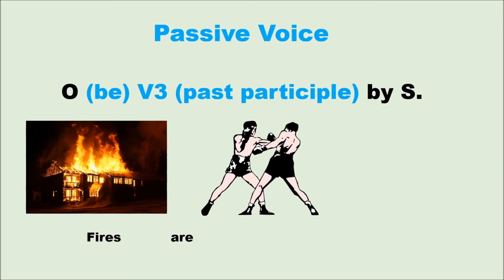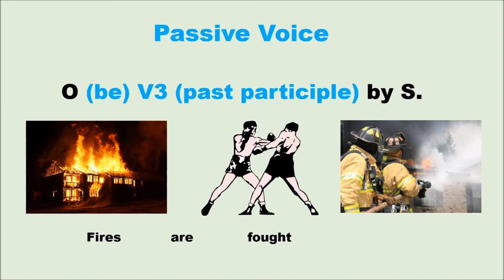What is the verb 3 form of fight? Fought. Fought is correct. And finally, we add the subject. What was the subject of the last sentence? Firefighters. Perfect. Because this is a passive voice sentence and we're including the subject after the verb, we need by. So the full passive voice sentence is... Fires are fought by firefighters.